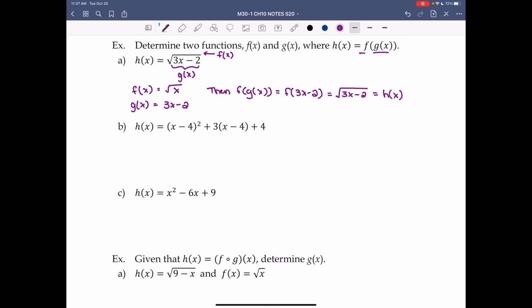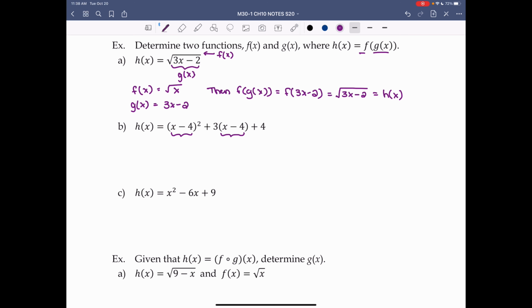h(x) = (x - 4)² + 3(x - 4) + 4. We should notice that we have x - 4 here and x - 4 here. If we switch the x - 4 to just x's, then we would have the quadratic x² + 3x + 4.